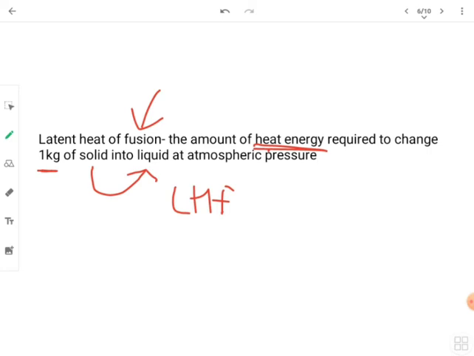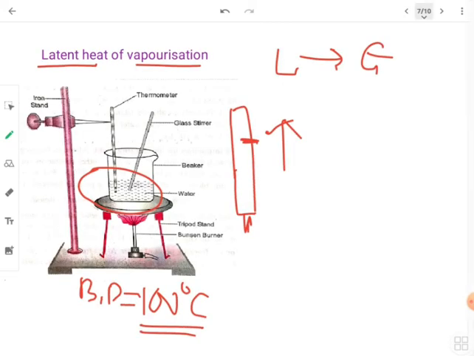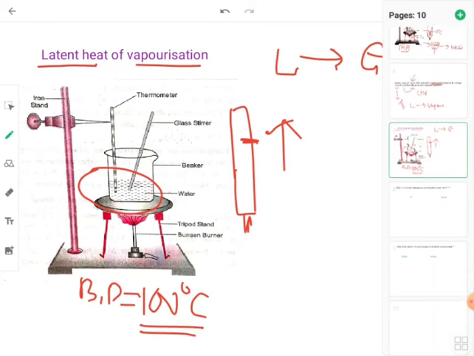Now let me tell you how it will change. It will be the amount of heat energy that is required to change 1 kg of liquid into vapor form at atmospheric pressure is known as latent heat of vaporization. Rest of it will remain the same. This is the specific scientific way of writing the definition of latent heat of vaporization or fusion.